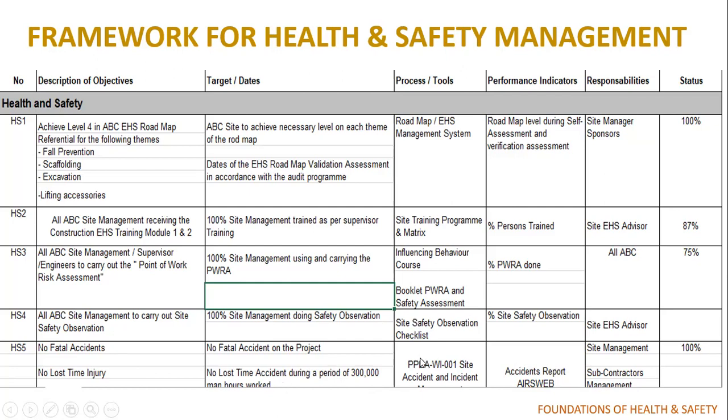Process and tools are the planning which has been made to mitigate or to achieve this objective, like site accident investigation, monitoring, and the performance indicator is the accident report, and responsibilities have been assigned to the site management, subcontractor management, and the status is being monitored.